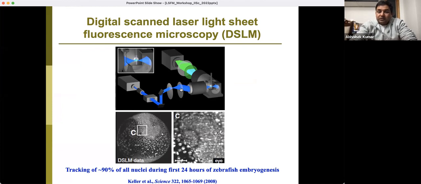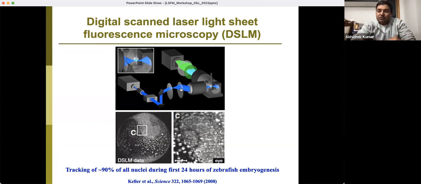For many applications, this is very useful, because if you look at some large embryos like fish or fly, they're not very optically transparent. So if you illuminate from one side and detect from one side, you don't get to see the other side because of scattering and absorption. So in that case, researchers image from one side, rotate it, image from another side, rotate it, another side, and then computationally you can fuse.